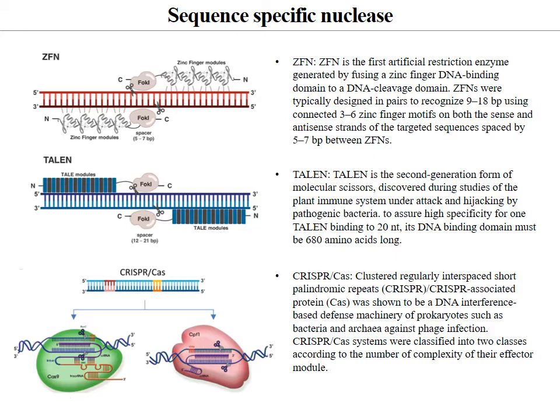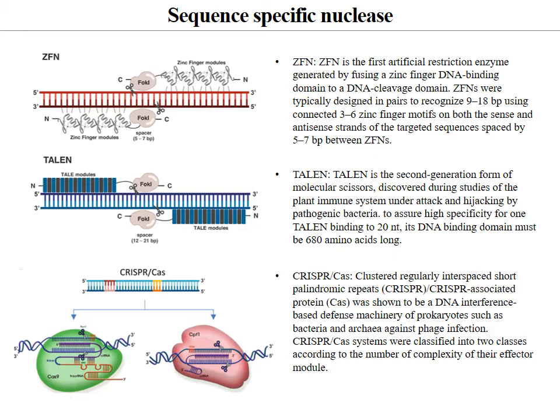First generation is zinc finger nuclease, the first artificial restriction enzyme, generated by fusing a zinc finger DNA binding domain and a DNA cleavage domain, the FokI nuclease. And second generation is TALEN. TALEN is also a fusion protein, a TAL module and FokI nuclease fused. And third generation is CRISPR-Cas.